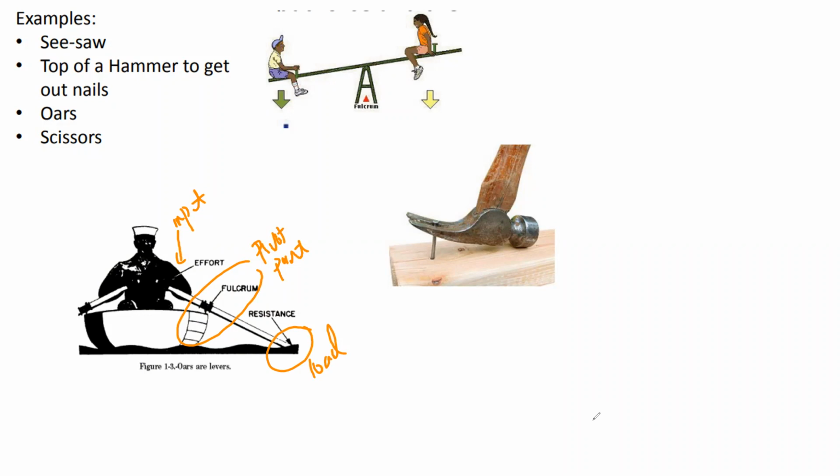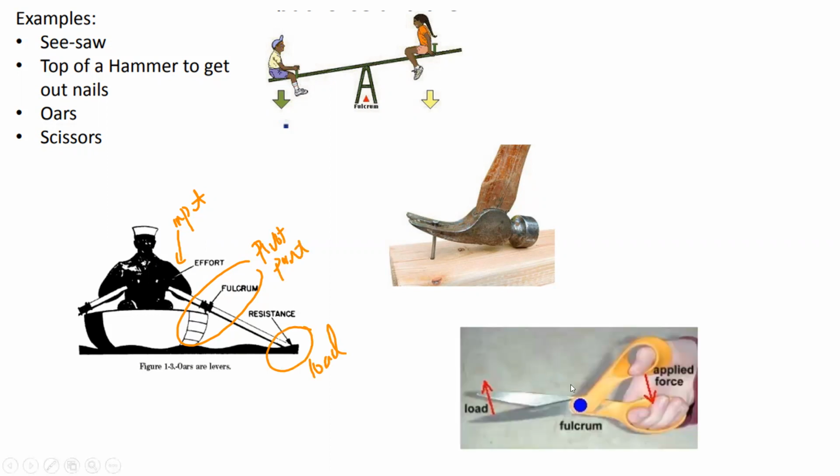And the last example, where's the scissors? Here also. In the scissors, here you have the fulcrum. This is the fixed point. Now, you apply a force by putting your fingers in the scissors, and the load will be this one here. The output force will be used to cut the paper.